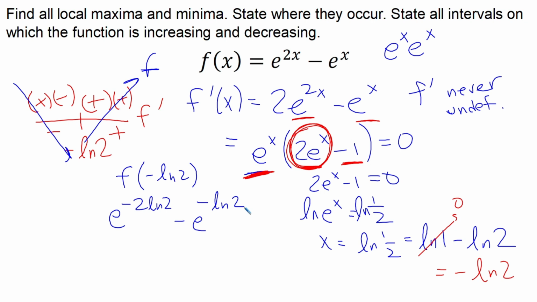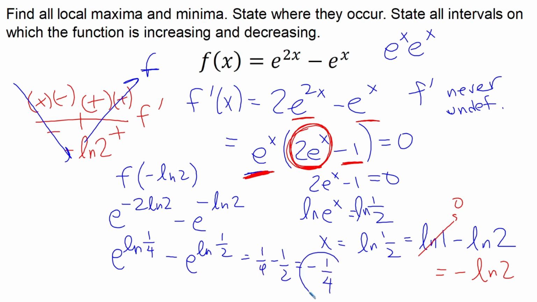They kind of get undone. Right? This becomes e to the ln of 2 to the negative 2, which is 1/4, minus e to the ln of 2 to the negative 1, which is 1/2. Well, that just becomes 1/4 minus 1/2, or negative 1/4. So that's our value of our local minimum. We see it's a minimum because the function decreased and then increased.